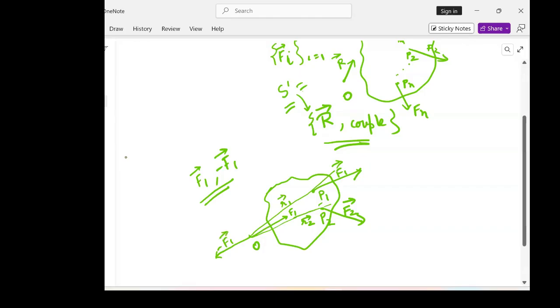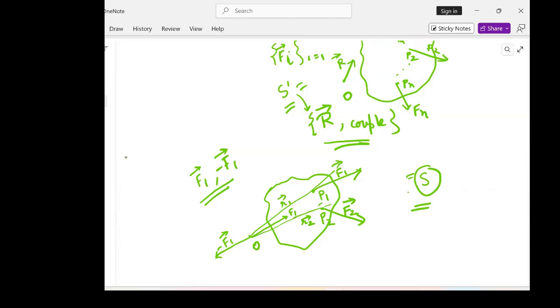Our original system was S. If we want to keep this system's effect unaltered, we have to consider some addition or subtraction of forces that will not alter the effect of the system, right? So we are considering two collinear forces of magnitude F1, but opposite in direction, at the point O. Obviously they will cancel each other, so the effect due to F1 remains the same, and we have not altered the effect of S.